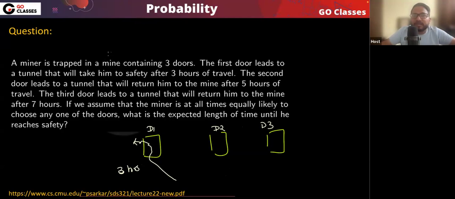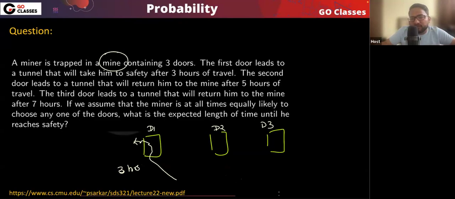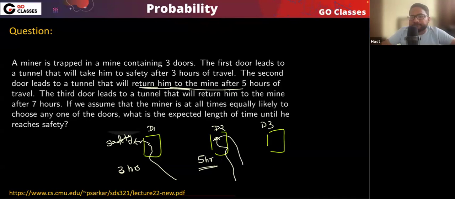So basically he is already trapped in the mine, right? And now they are saying that if the miner enters this door, then he will just waste 5 hours. After 5 hours he just returns to the mine. So it is not the safety. Here the miner reaches safety, but here the miner returns to the mine only, which means it is not leading to safety.